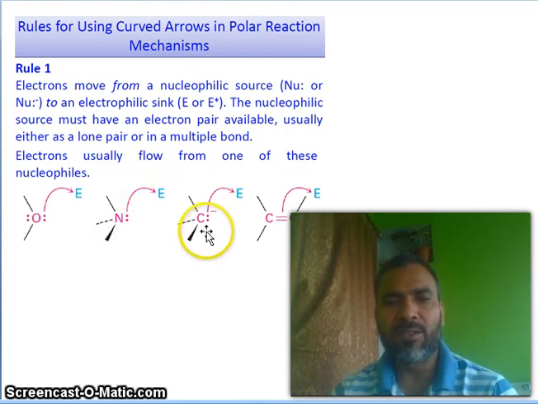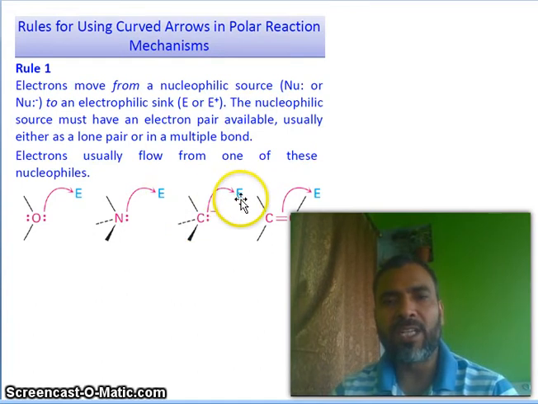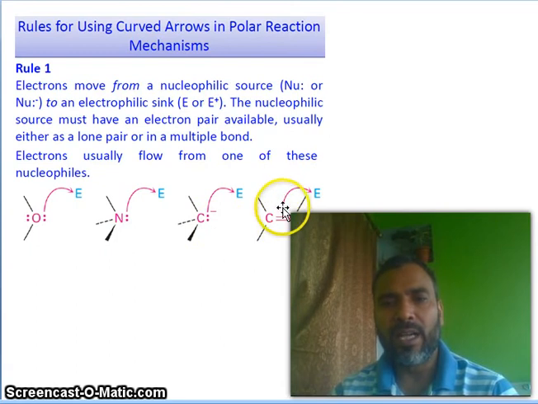Same as you see with the carbanion, tail part and head part with the electrophile. Here, in place of a lone pair there is a double bond, and it will donate to the electrophile through this curved arrow. So curved arrows always have their tail part near the source of the nucleophile, and the head part where the electrophile or electrophilic sink is.